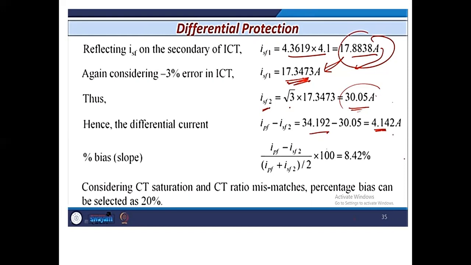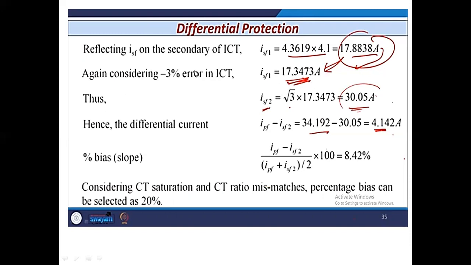So when I consider the ISF, if I multiply with the ratio of ICT, that is 4.1, then the value of the current comes out to be like this. If I further consider minus 3% error in this value, then the value comes out to be 17.34.